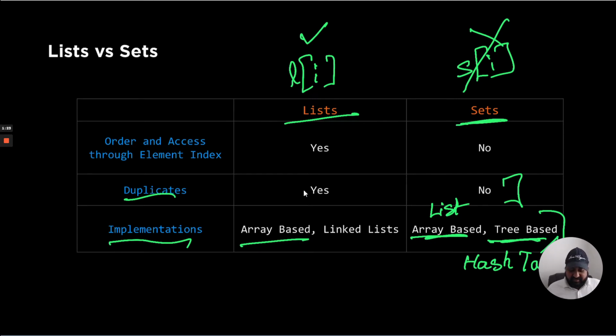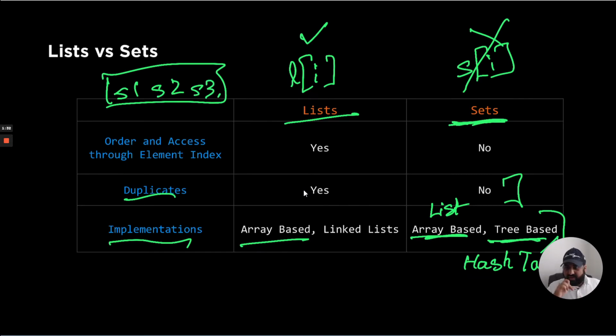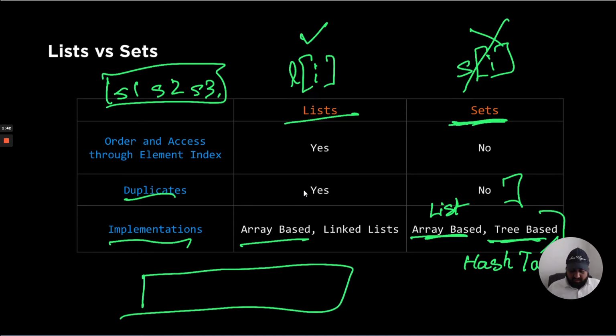So what I mean by these approaches is, let's say if we want to create a set of objects which include these elements S1, S2, S3, what we can do is we can create this set object, or the set implementation, backed up by an array. So all the operations which were associated with arrays will be carried forward in sets along with their time complexity.